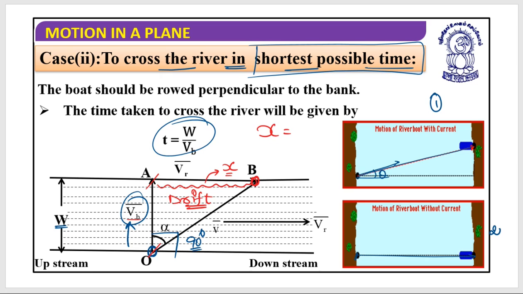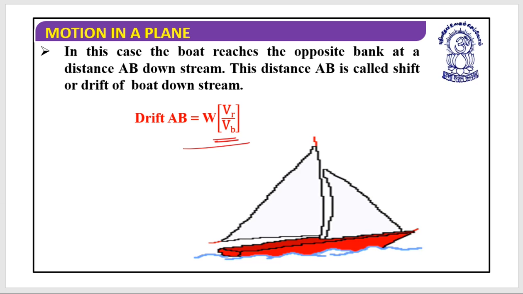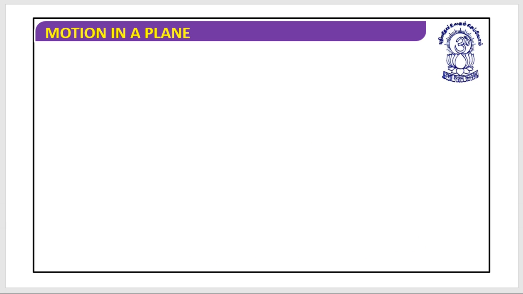So here the horizontal velocity is VR only. So this is equal to VR multiplied by T, which is W by VB. This is how this relation arrives. I hope those things are clear. Is it clear? So shall I summarize this? Let's have a look.